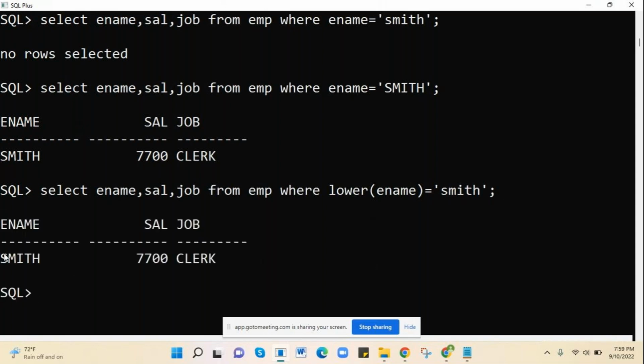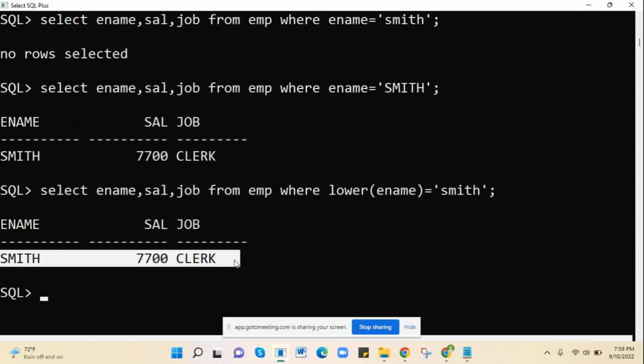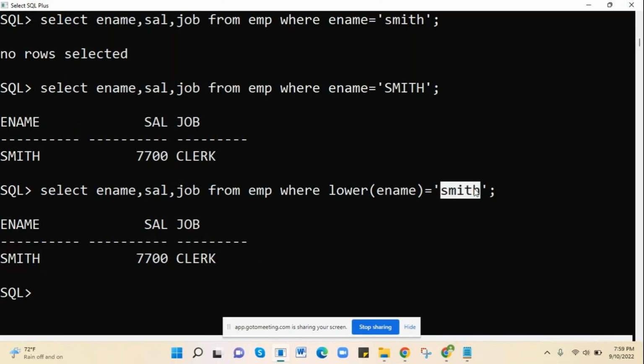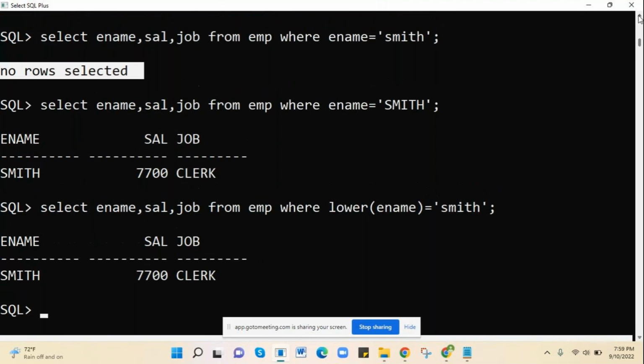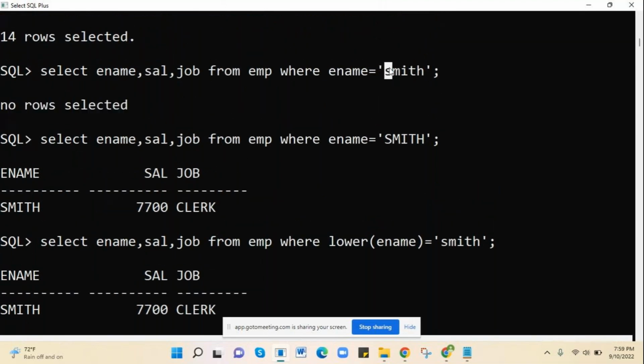You see, now it will give the Smith information, even though the data is in capital letters. Why? Because I don't know, that's why I'm using the lower function. Without the lower function, it does not give any value, because there is no employee with small letters.